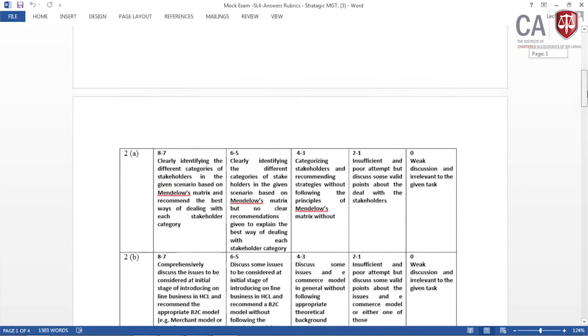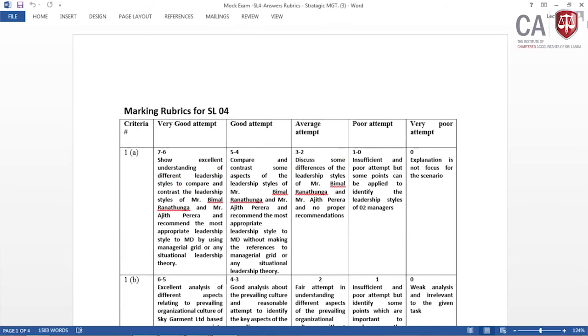The examiner identifies scenarios which can exist: very good attempt, average attempt, poor attempt, very poor attempt.